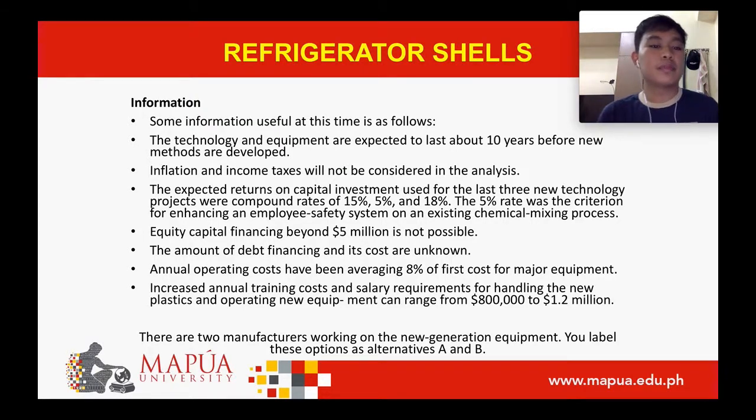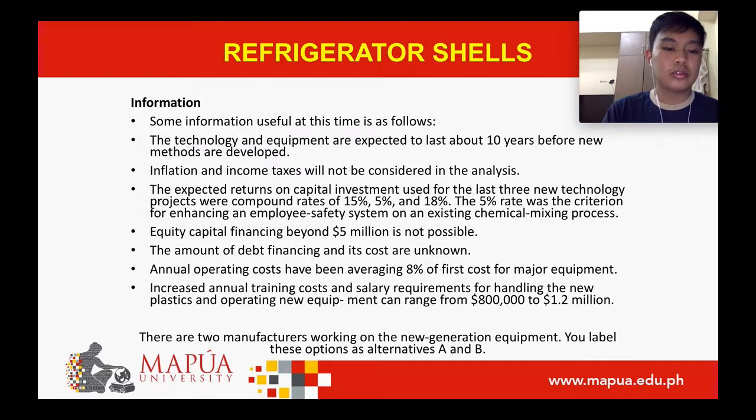Some information useful at this time is as follows. The technology and equipment are expected to last about 10 years, unless new methods are developed. Inflation and income taxes will not be considered in the analysis.